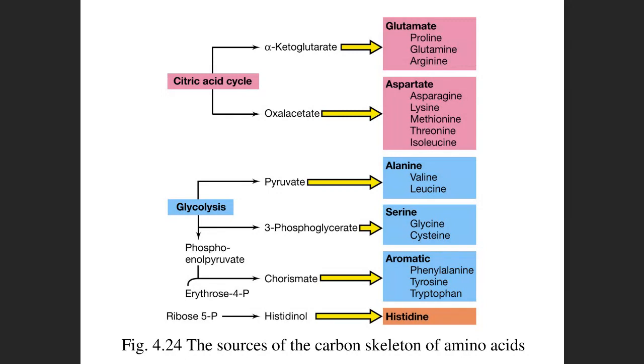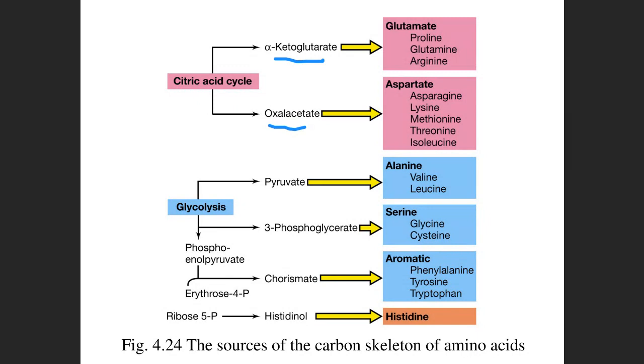So now you have intermediates. You have this 5 carbon molecule, and this 4 carbon molecule. And the amino acids, these are different. These are the 5 carbon amino acids. These are the 4 carbon amino acids.